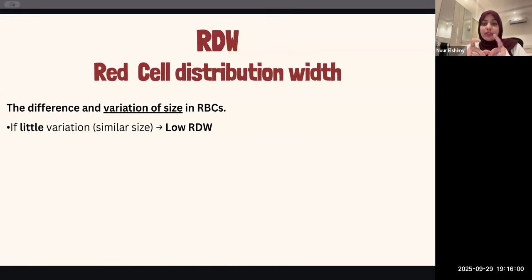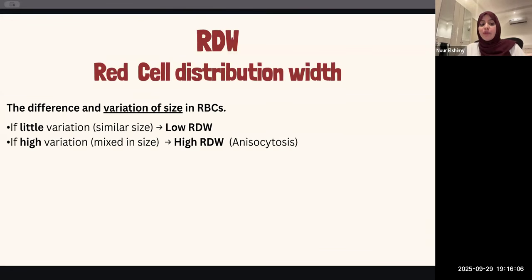So if there's little variation, this is low RDW. However, if we have high variation, so mixed sizes, this is what we call high RDW. And because we're doctors, we need to have specific terms, okay? And for this, we use the term anisocytosis. So bear this in mind. High RDW means anisocytosis, which means that we have high variation in the red blood cell size.